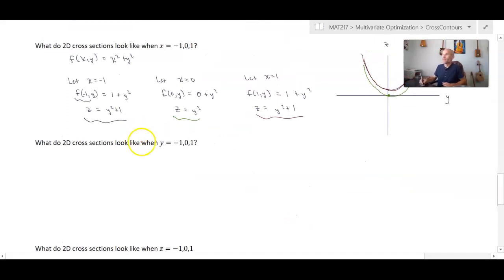Now here we can do the same thing, but for y equals negative 1, 0, and 1. So let y equal negative 1. So f of x comma negative 1, holding y constant, will give me x squared plus 1. When we let y equal 0, we'll have f of x, 0 equals x squared.